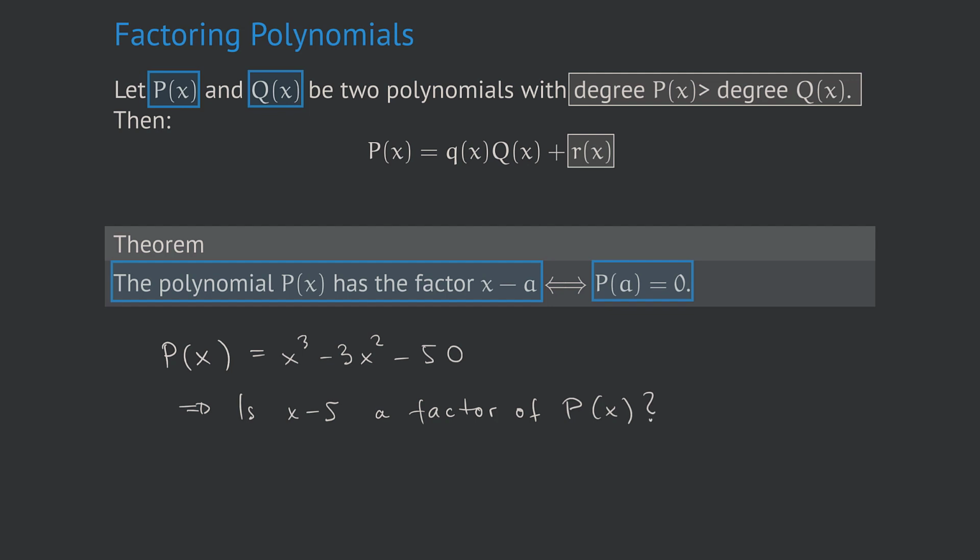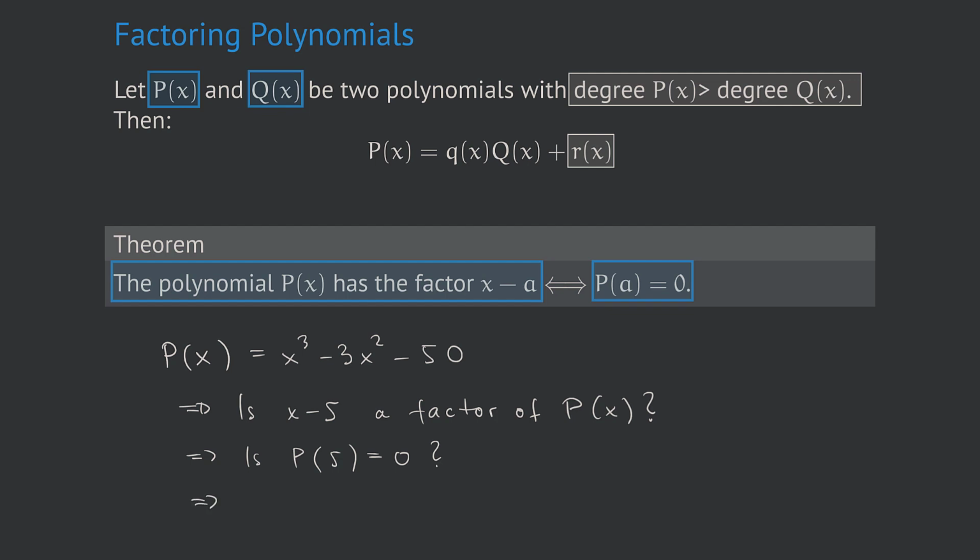We could try to figure that out using the method of polynomial division I will show to you in a minute. However, it's much easier to use our new theorem. Because by this theorem, it is equivalent to simply check, is p of 5 equal to 0? And we can easily check that by simply plugging in 5 into p of x.